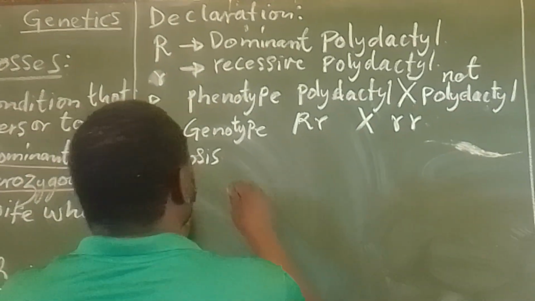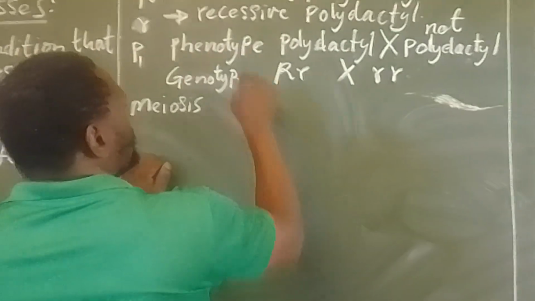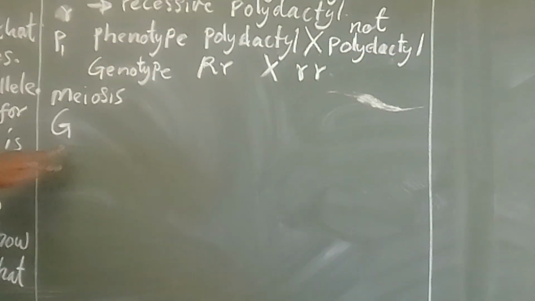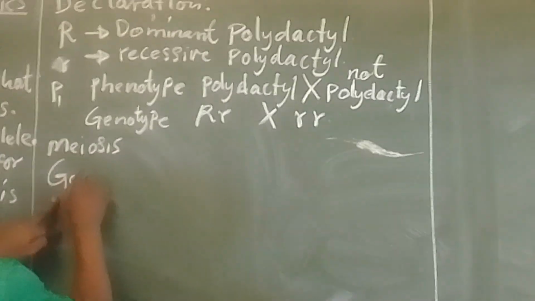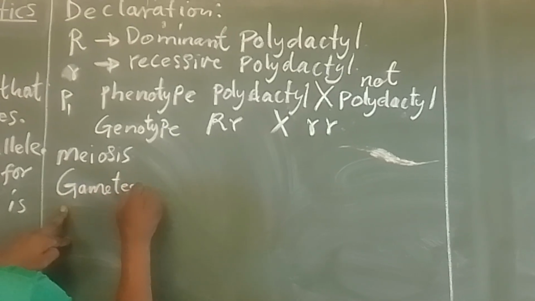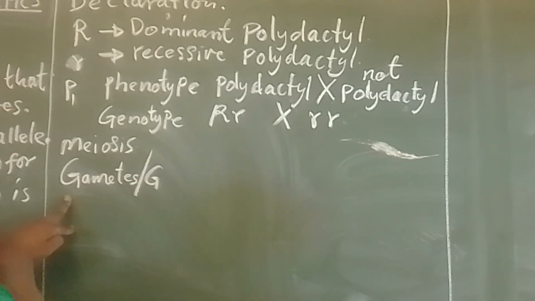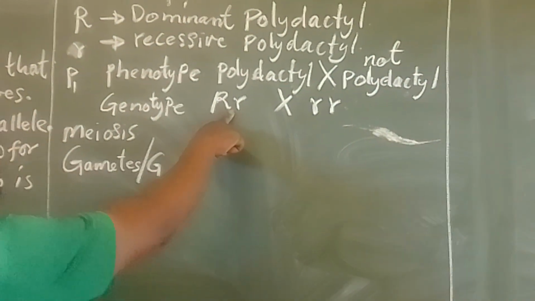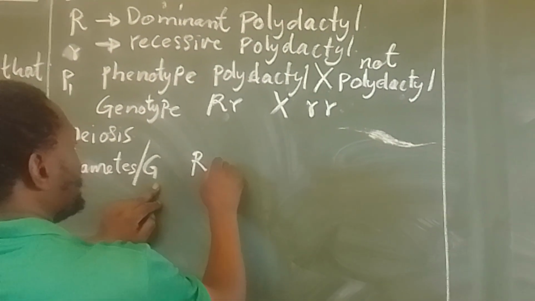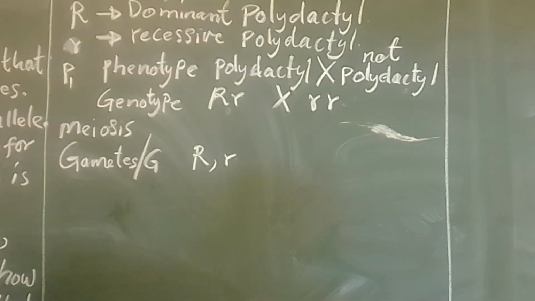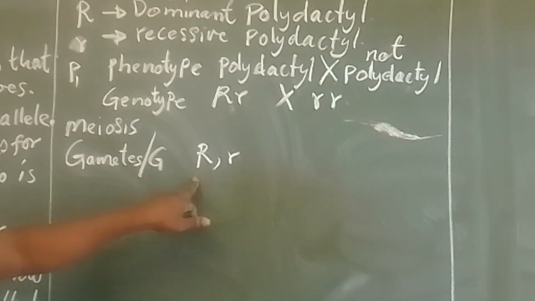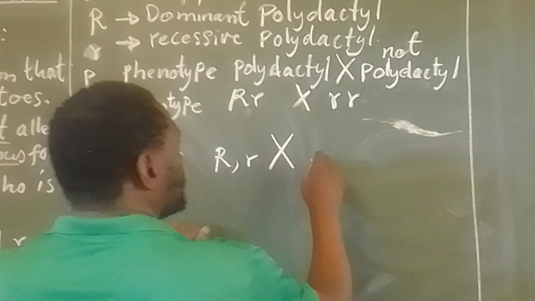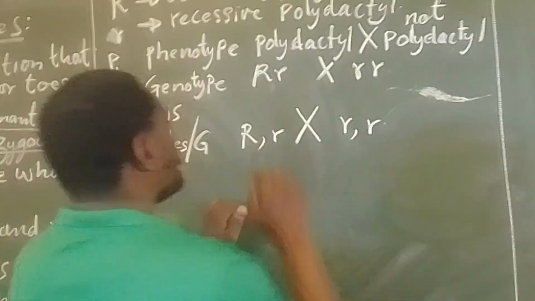So we are going to take this meiosis, we are going to get the G for gametes, represented with capital letter G. The gametes are R and r. Each one will have a separate allele. Crosses with r and r.